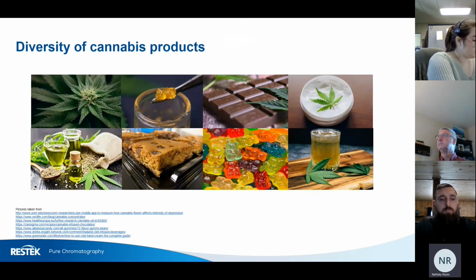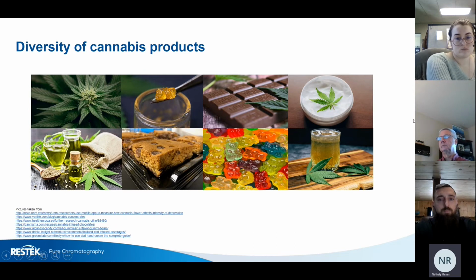There is a broad range of cannabis products that have been introduced into the cannabis market over the last years. Those products include different edibles, as well as lotions and products for personal care, beverages, and of course we have concentrates and flower or plant material.